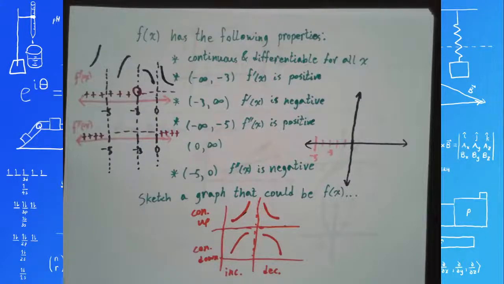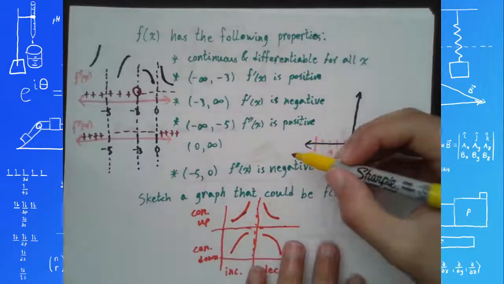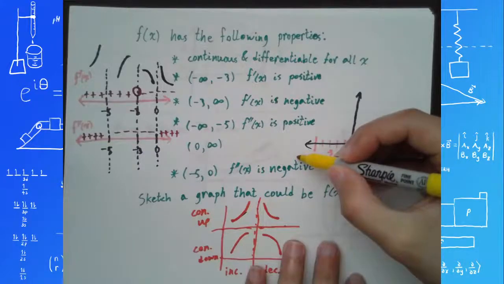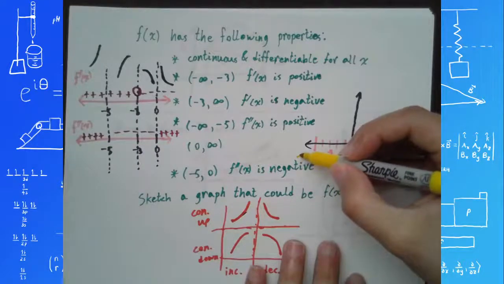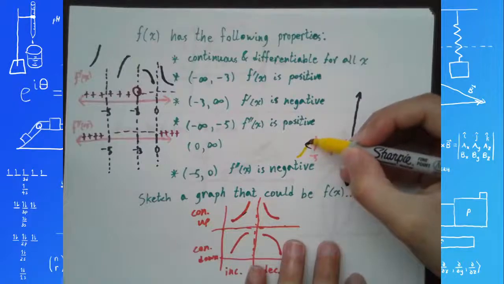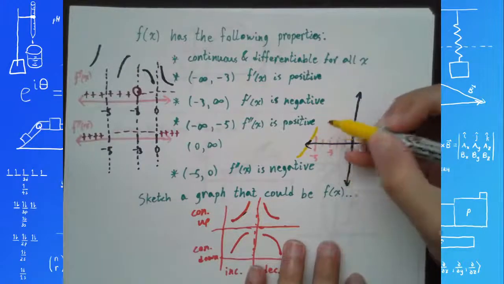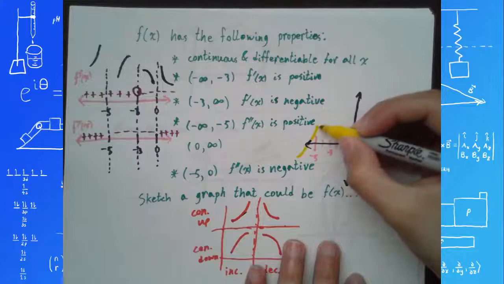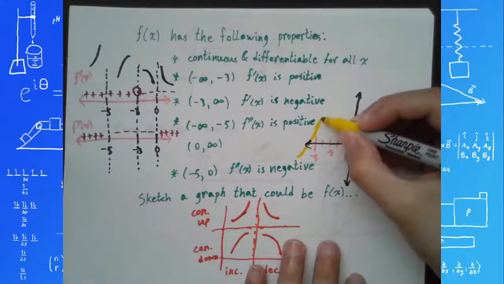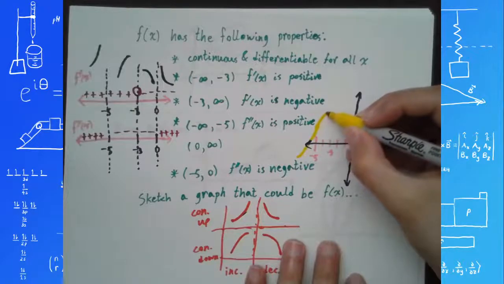So let's go ahead and draw a graph that actually fits that description. See if I can actually squeeze it in on this page. So first, it's increasing concave up, looking something like this until it hits -5. That's where we have, I guess that's an inflection point where it switches to increasing concave down.